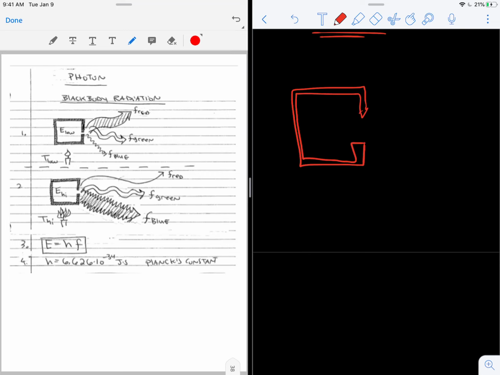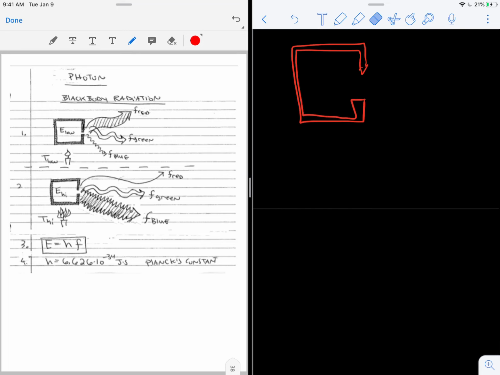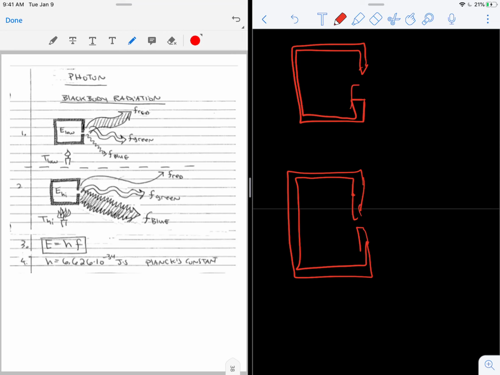Let's say that you have two ovens. One of them is going to be at a low temperature, and one of them is going to be at a high temperature. And the ovens are going to have a small hole. So here, let's say that this oven is pretty cool. It's just warm. So what you're going to find is that the oven is going to glow mostly red.